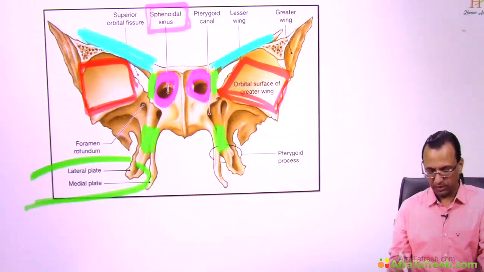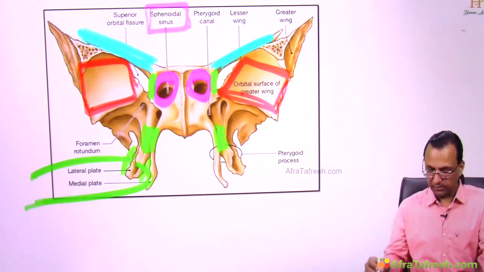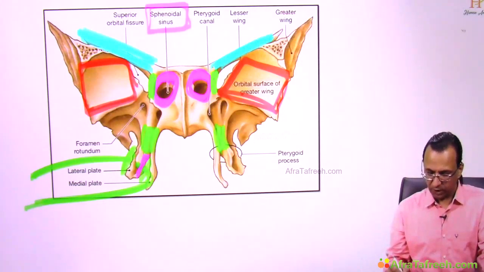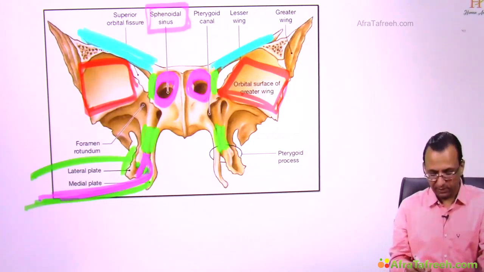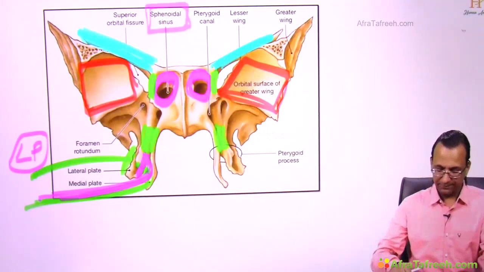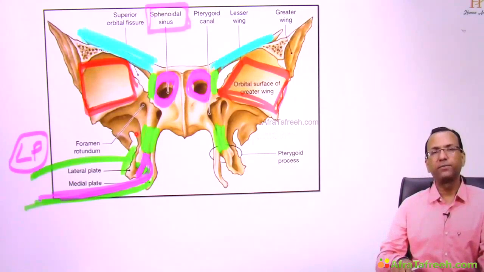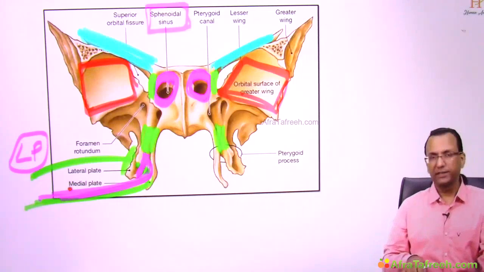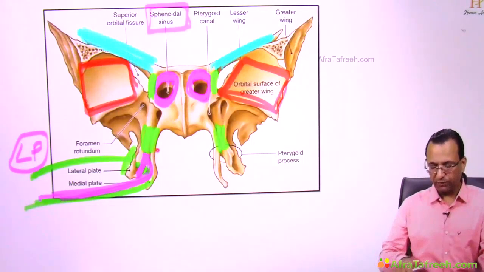If the muscle is coming from the medial side, it will be medial pterygoid, and lateral pterygoid. Are you trying to say lateral pterygoid and medial pterygoid come from pterygoid plate of the sphenoid bone? Yes. Medial pterygoid from medial surface, lateral pterygoid from lateral surface.